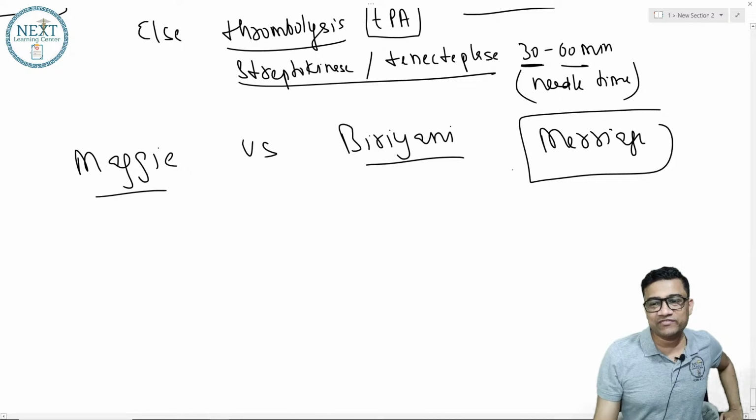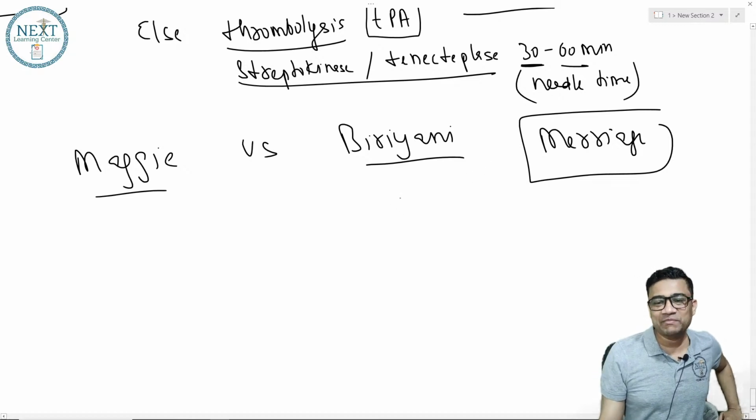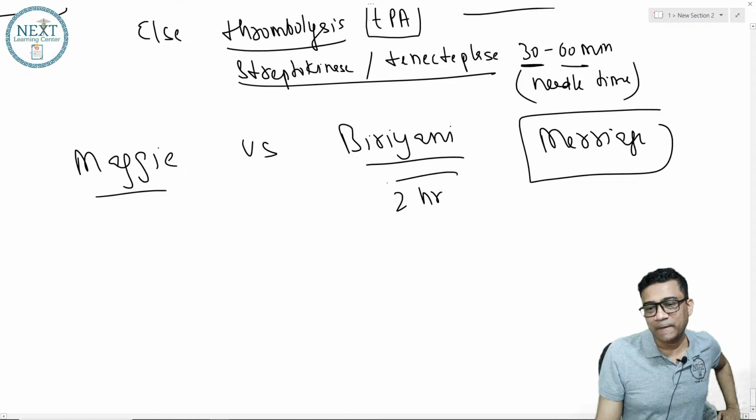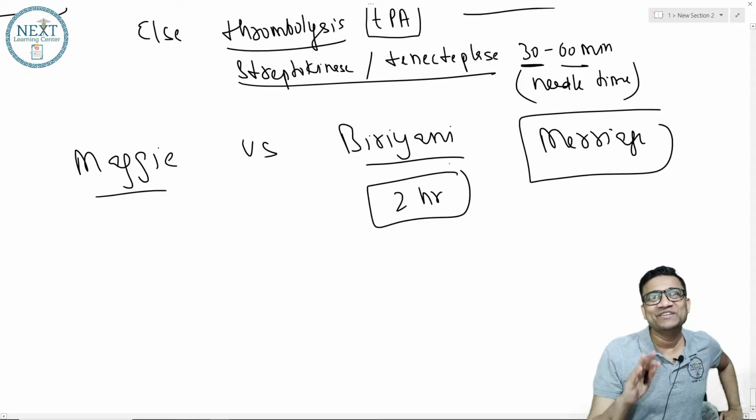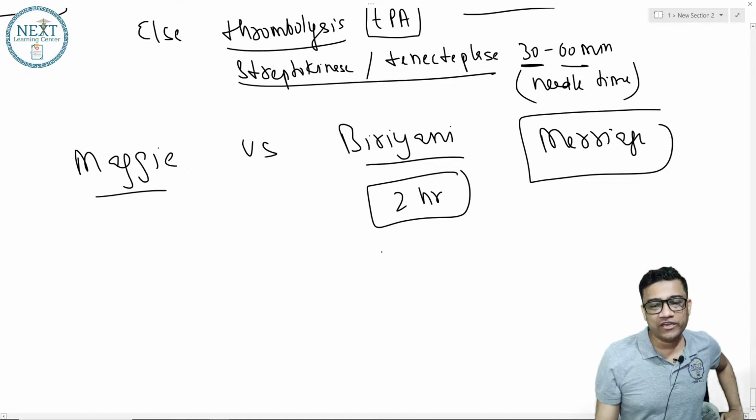So if there's a marriage, and it's night time, we'll go for biryani. But biryani takes 2 hours to make. Now understood? So if you have 2 hours, we'll make the biryani. So if possible, we'll go for biryani.